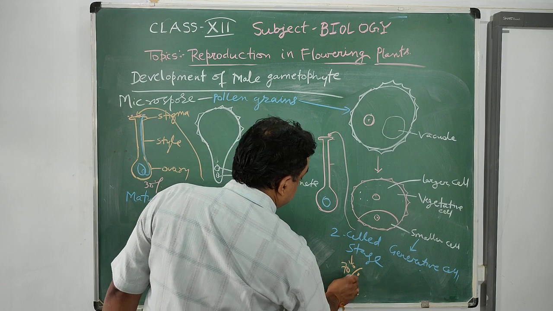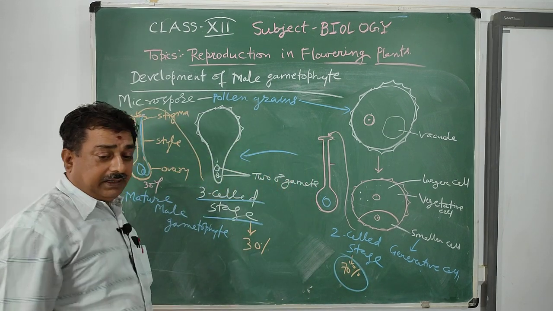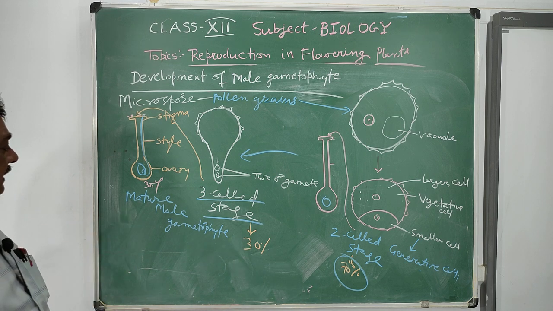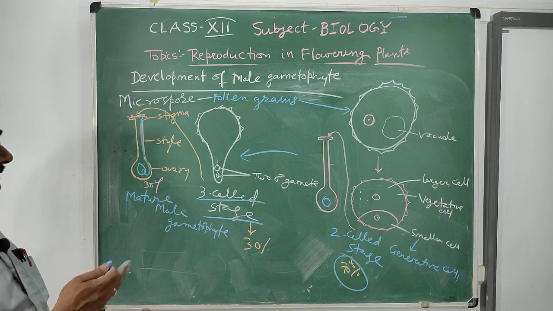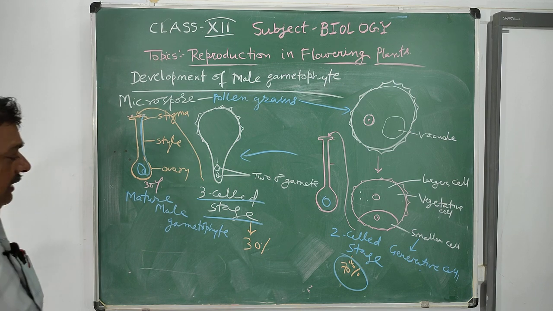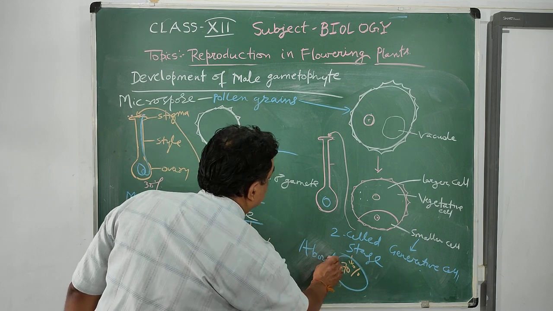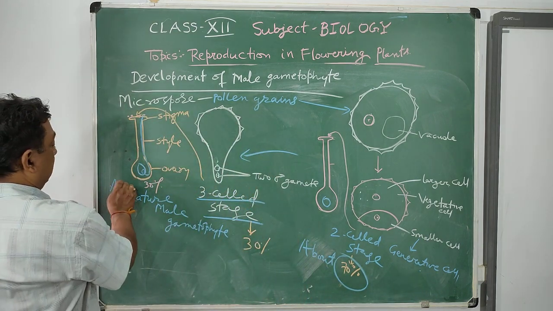So in 70% of plants, pollen grains are shed at the two-celled stage. But in 30%, or according to NCERT you may write above 60% of plants. It is not the exact figure, so it is about 70% and about 30%.